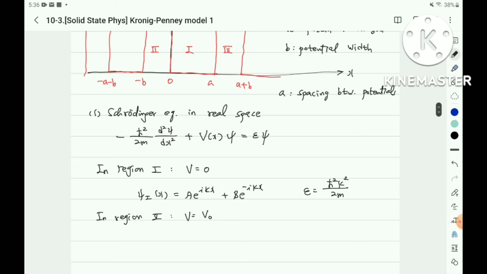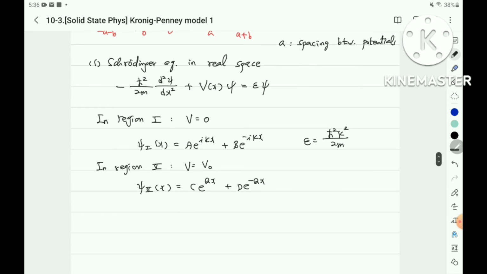Therefore, the general solution in region 2 is c exponential qx plus d exponential minus qx. And as you know, c equals 0 because it is a dissipation, not a divergence. But in general, the linear combination of exponential qx and minus qx is the general solution.